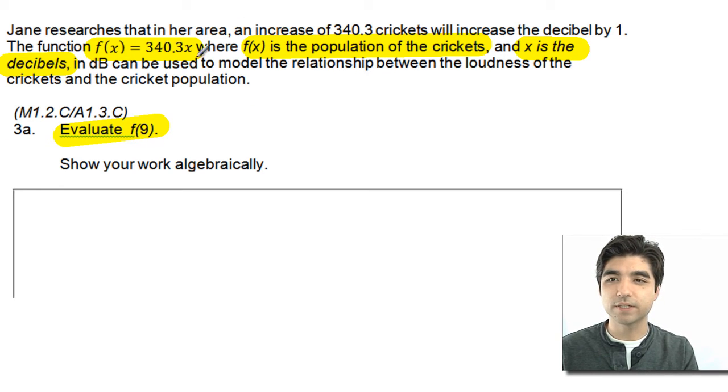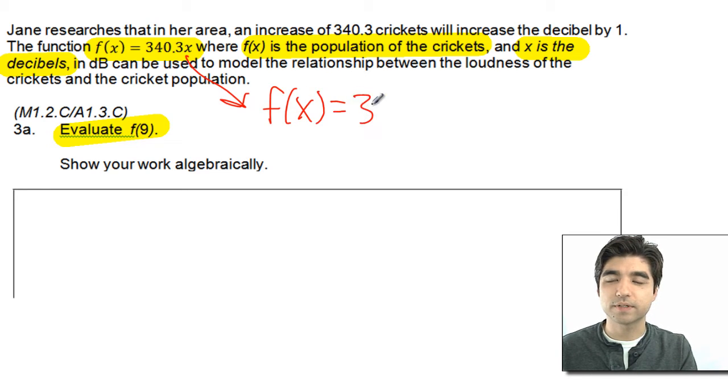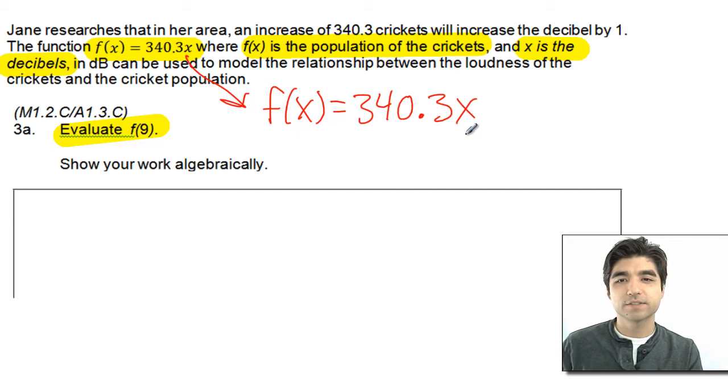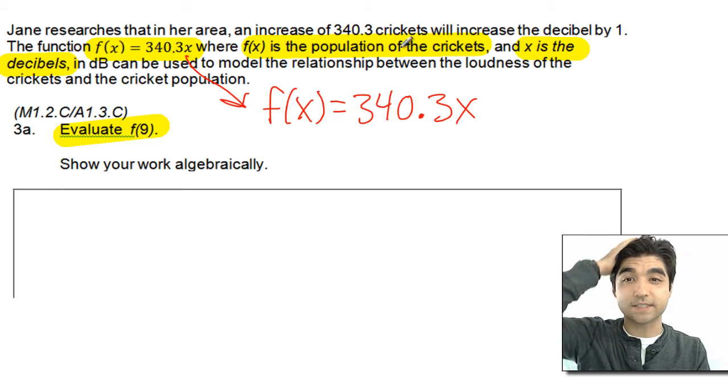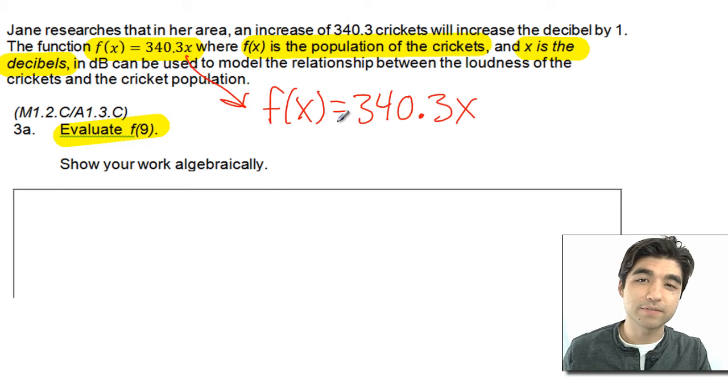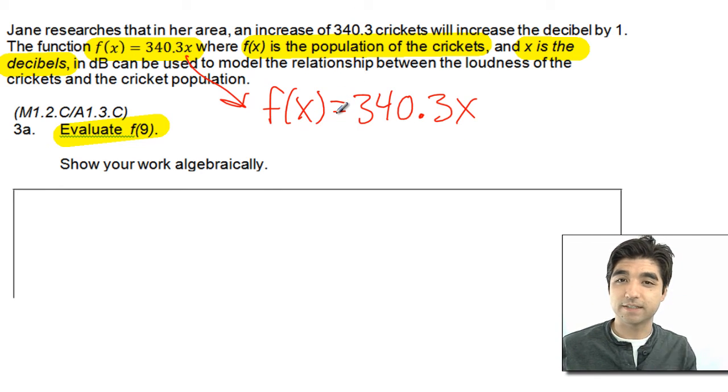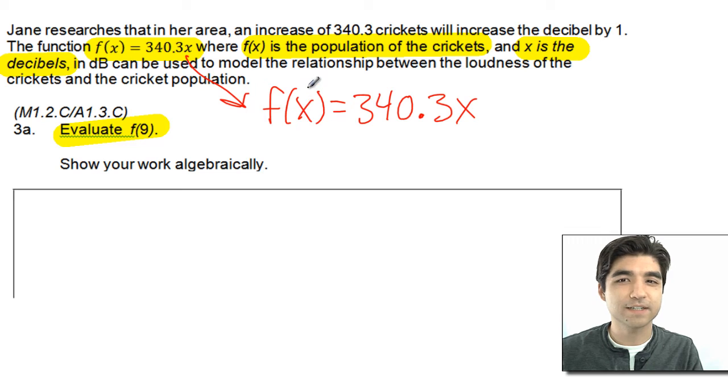So we have this equation here where it's f of x equals 340.3x. This is really similar to the equation that we found, except we're getting an equation from the internet or wherever it is. So again, the f of x is kind of like your y.